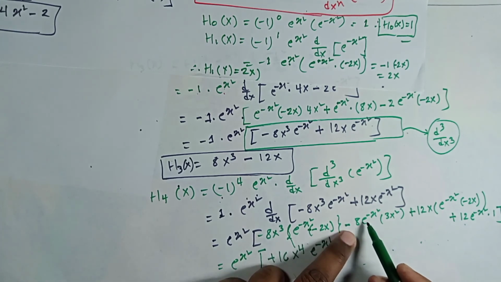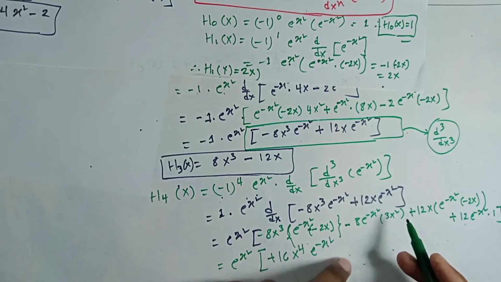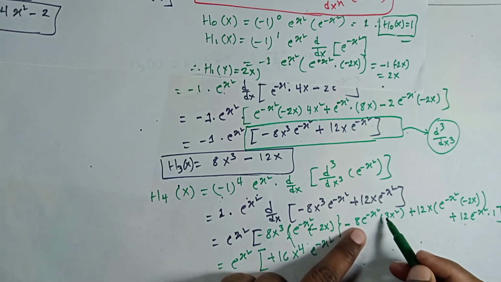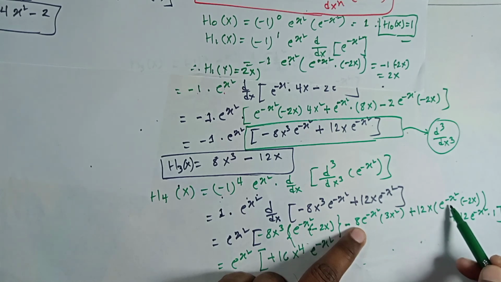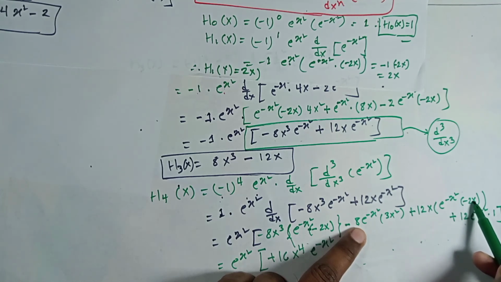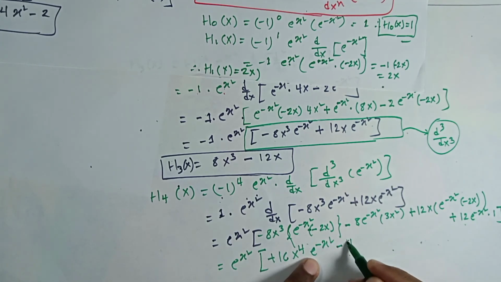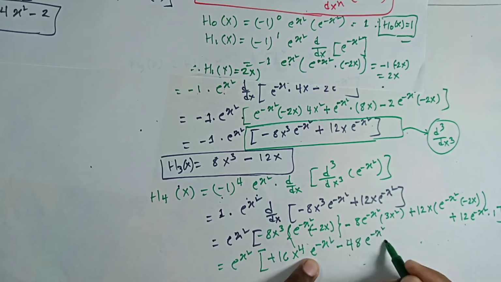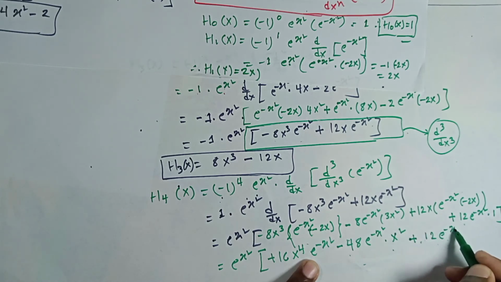Okay, here 8 into 3, that is nothing but minus 24x squared e to the power minus x squared, and here 12x into minus twice x, nothing but minus 24x squared. Okay, that is nothing but minus 48 e to the power minus x squared into x squared. Okay, plus 12 e to the power minus x squared.